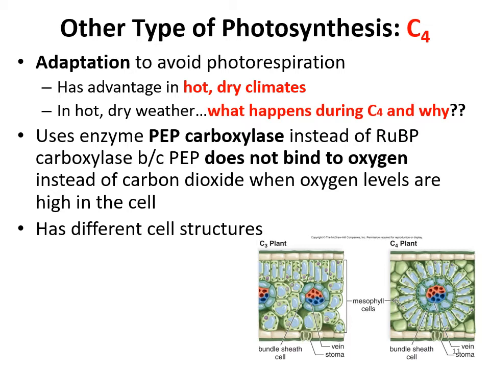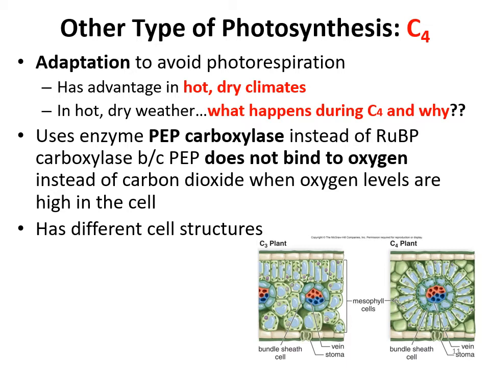up in their cells. So what these plants do is they use an enzyme called PEP carboxylase, and they use that enzyme because it does not bind to oxygen instead of carbon dioxide when oxygen levels are high in the cell.